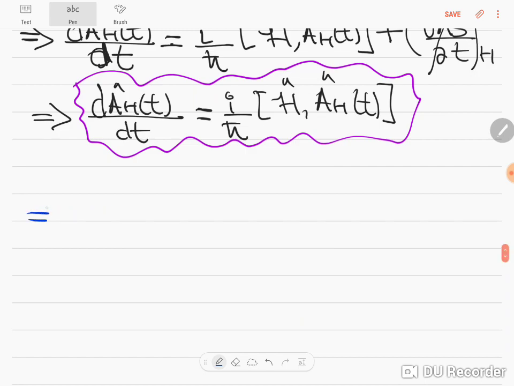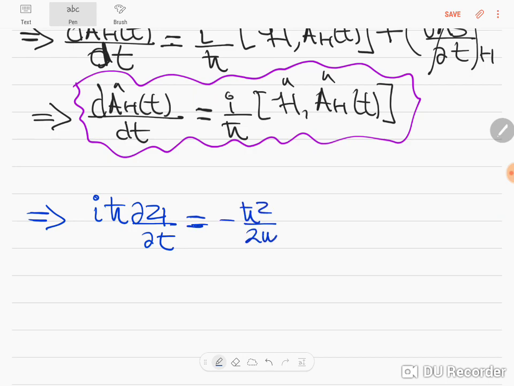Now, typically, just recall that the Schrödinger equation is written in a time-dependent form like this: nabla squared, plus some potential that depends on R, times psi of R comma t.